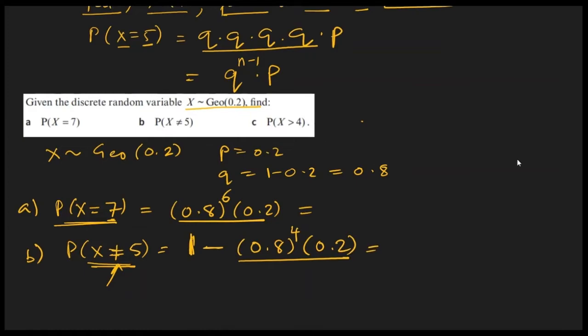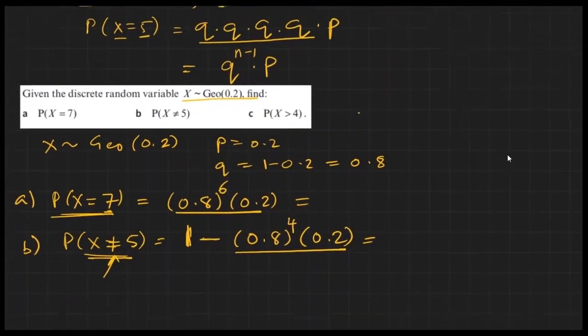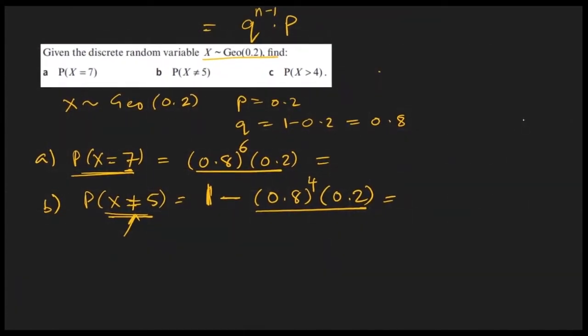Let's do the C part. In C part, they're saying you're getting success in more than 4th attempt. So probability X is more than 4. That means the success is coming after the 4th attempt. That means it is for sure 4 times you are failing. And after that, which attempt you are passing, we don't know.